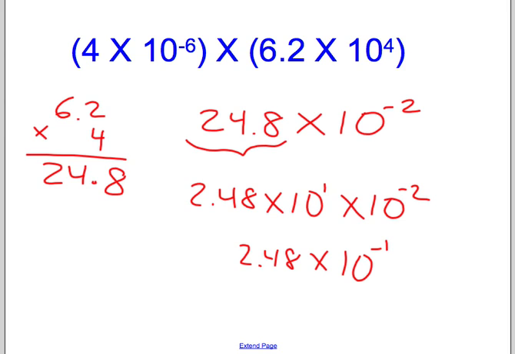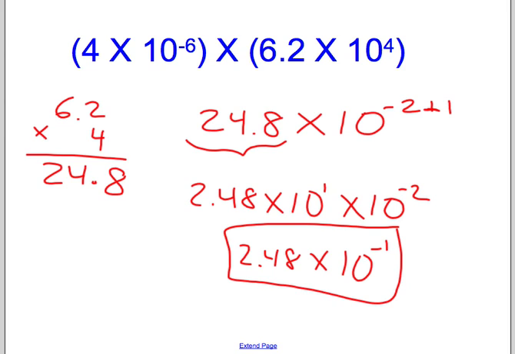How many? Okay, so we added 1 decimal place. So I'm going to add that 1 decimal place to my exponent. And then that still would give me 2.48 times 10 to the negative first. Does that make sense?